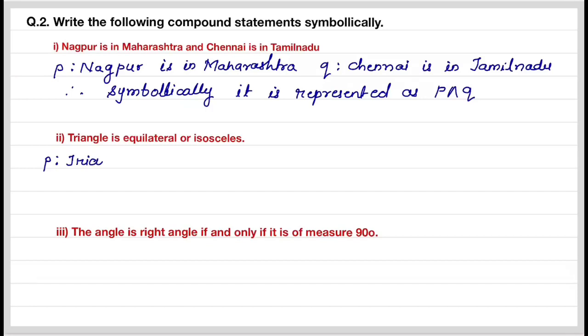P, triangle is equilateral, and statement Q, triangle is isosceles.